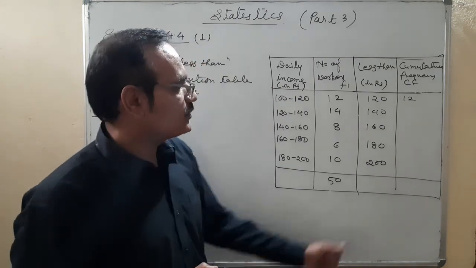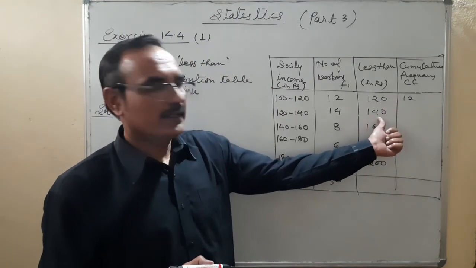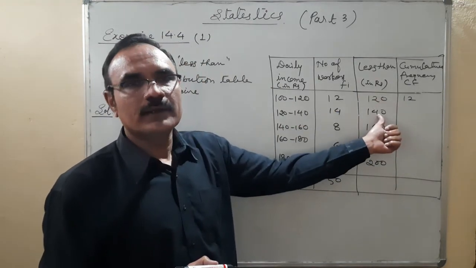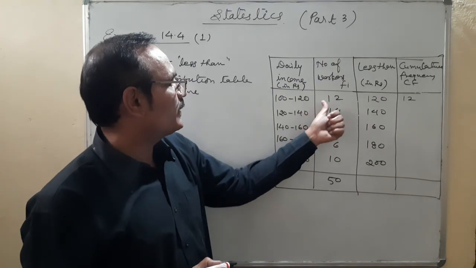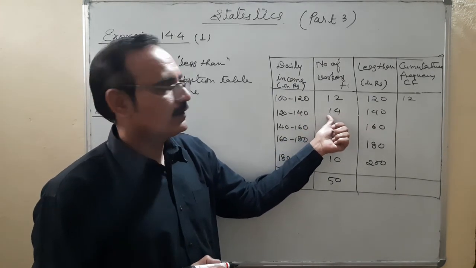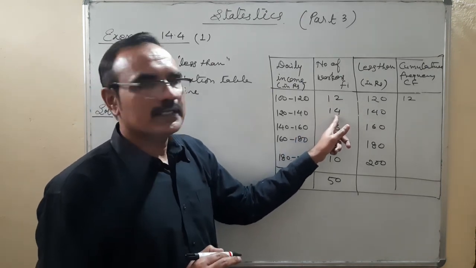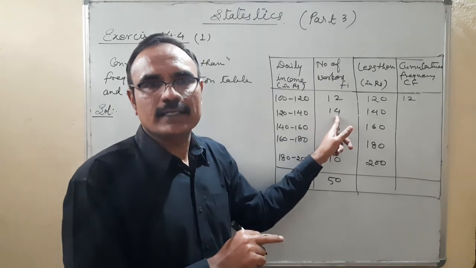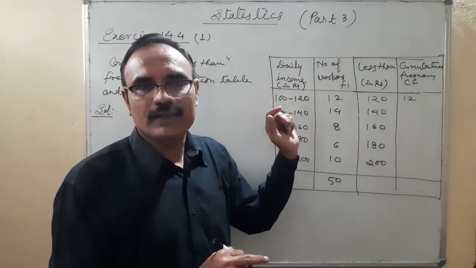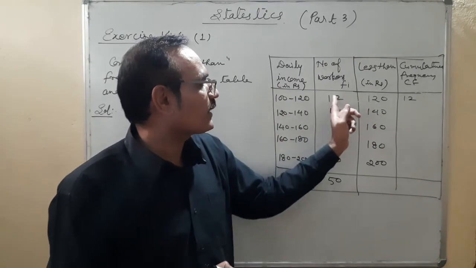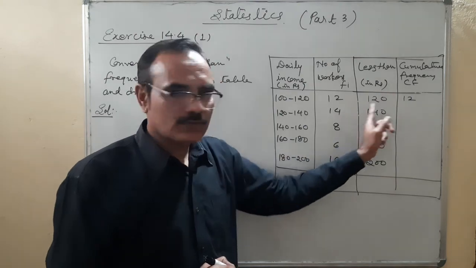Now the second column, you see carefully, 140. What is the meaning of less than 140? Less than 140 we have 12 plus 14, because this 12 is also coming less than 140 and 14 is again coming in less than 140.